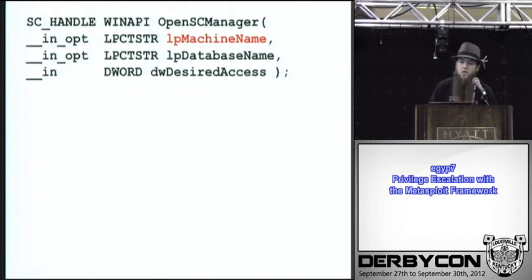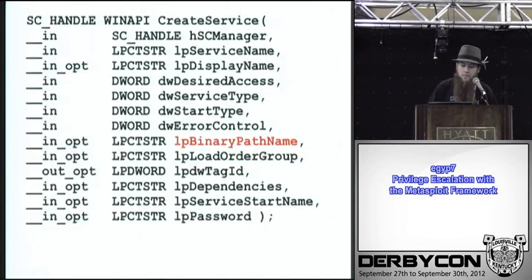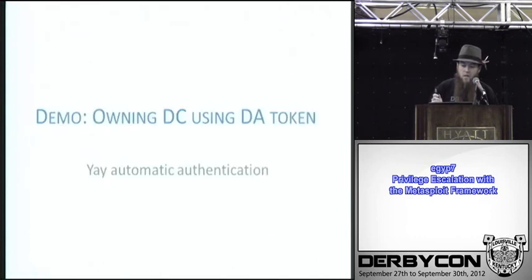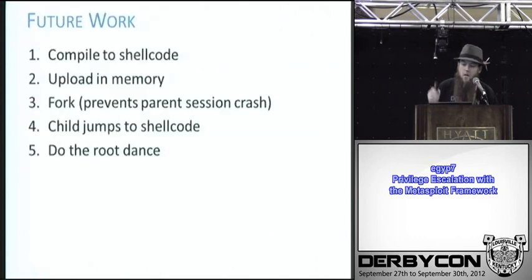So if my Meterpreter shell is running as a user who has local admin over there, I can open that and create services. I don't need a password, I don't need a hash, I just win. The binary name again can be a UNC path. I think I'm going to skip the demo because I'm out of time.